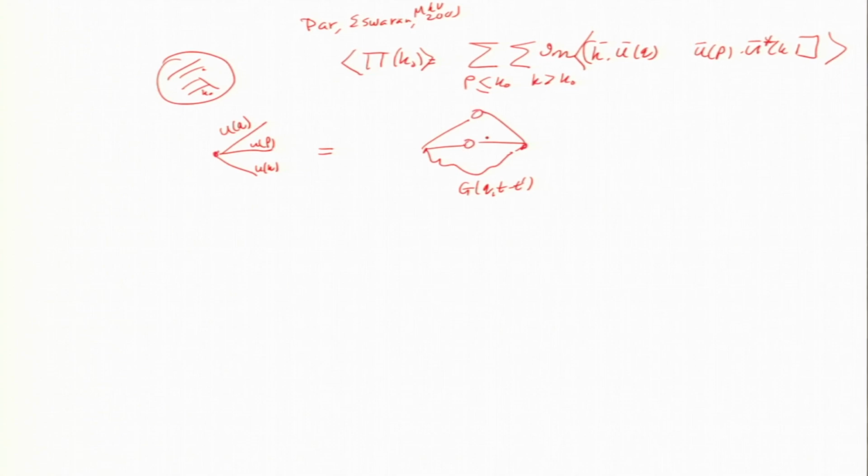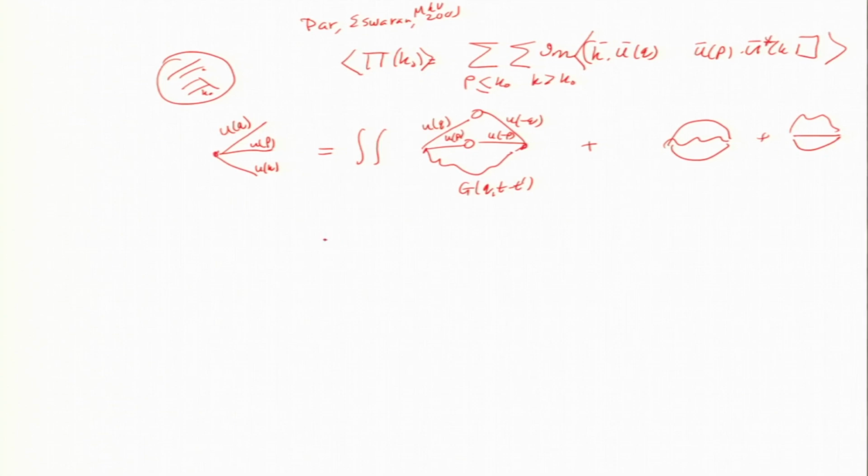You get non-zero values only when this is u of p and u of minus p, this is u of q and u of minus q, and the 2 integrals, the 2 sums. So, that becomes 2 integrals here. Of course, there are 2 more Feynman diagrams which are like this and like this.